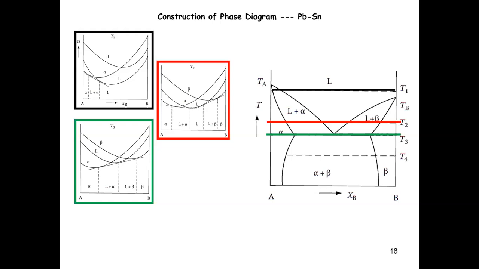Yes. Okay, so what does this mean? It is very straightforward, right? You can first consider alpha liquid coexistence and beta liquid coexistence, and then you need to add the alpha beta coexistence, right?